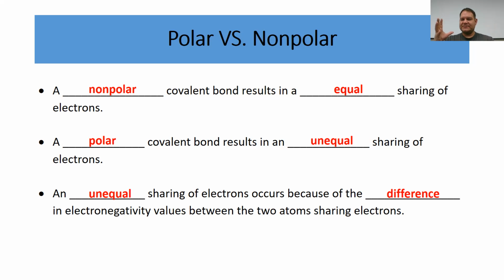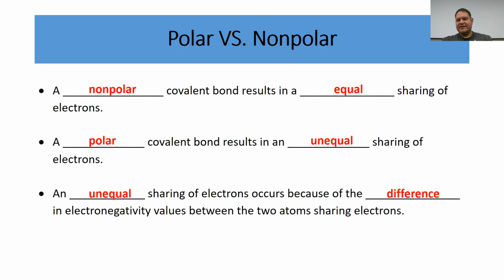If one atom in the covalent bond has a higher electronegativity value, it's going to be winning this tug of war battle, pulling those bonding electrons closer to itself and away from the other atom.